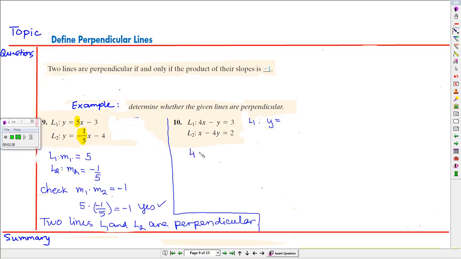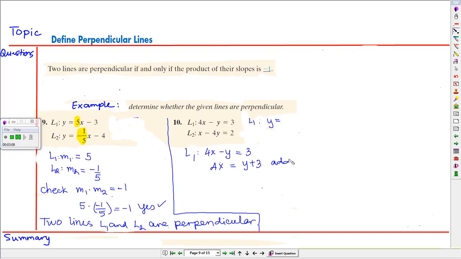L1 is 4x minus y equals 3. Sorry that my number 1 is very difficult to see. Now we are going to solve for y. The first thing we are going to do is add y to both sides, so we have 4x equals y plus 3.